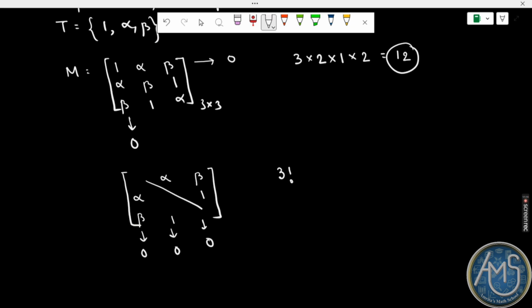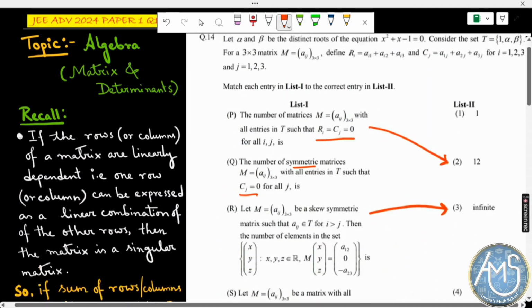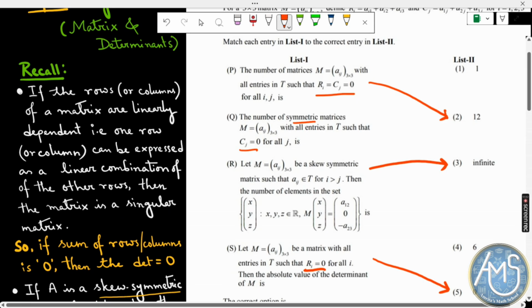That means we can fill only the first row or first column by our choice, and the other places have to be filled accordingly because it must be a symmetric matrix. So there are 3 factorial ways, that means 6. For Q we have only 6 possibilities.